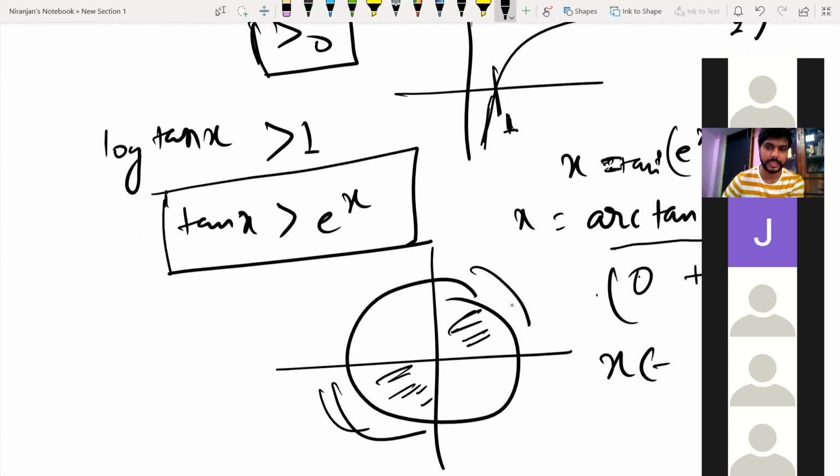This is positive, this is positive, and I am going to get 0 to infinity here and here. So here, whatever x you have got, for that value... wait, tan x is greater than e to the power x.